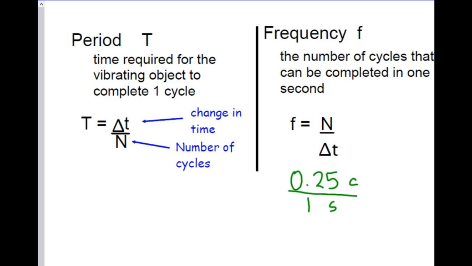The duck is sitting on the wave for 5 waves, 5 cycles. How long does it take? So these 5 waves.